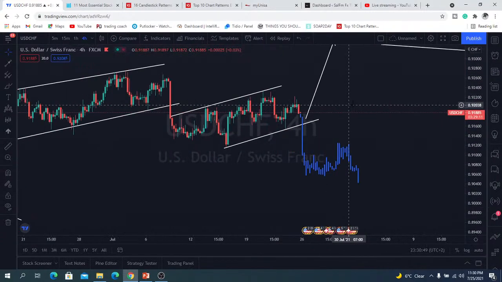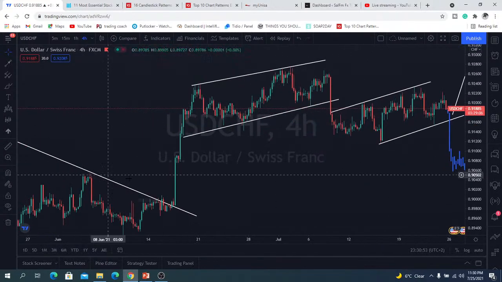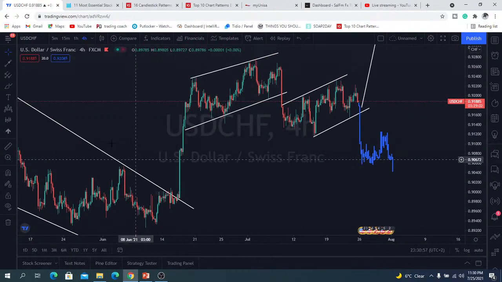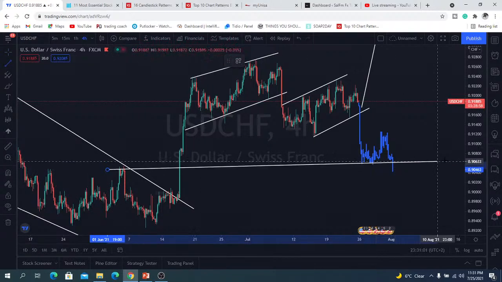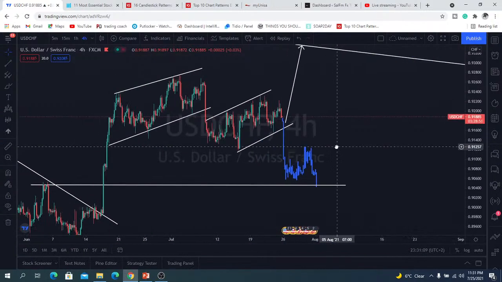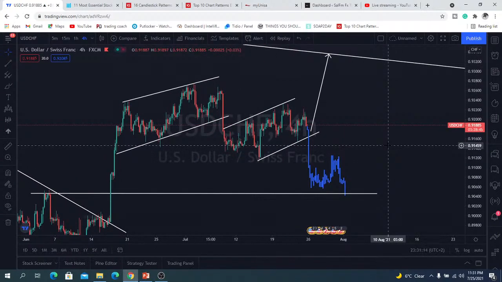If that's not the case, then we continue going down to test at this area right here. You can see here, we are looking to get to this area right here. So these are some possibilities on USD CHF.